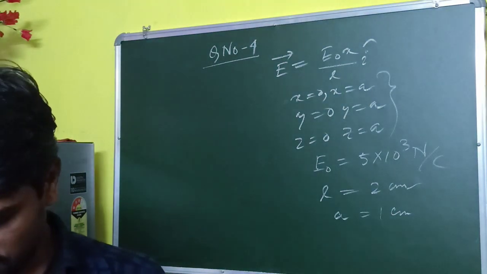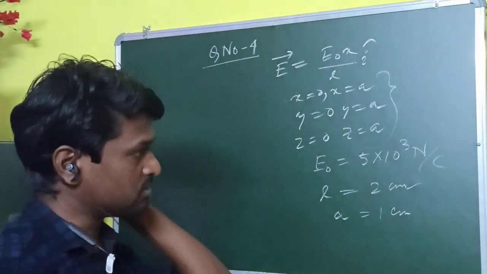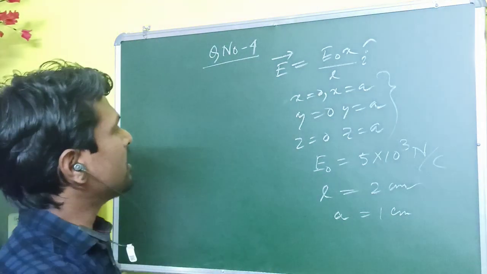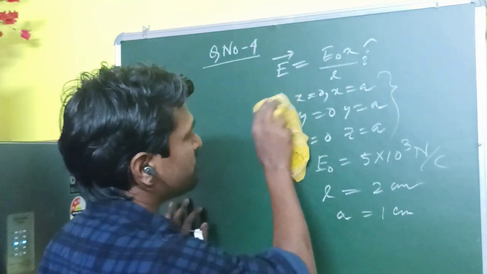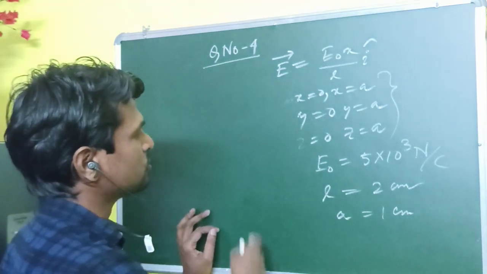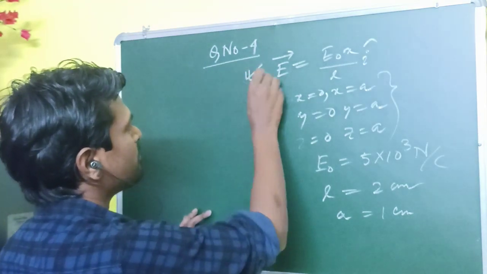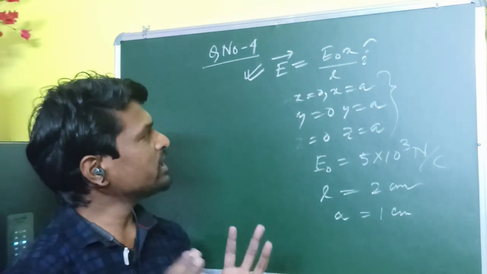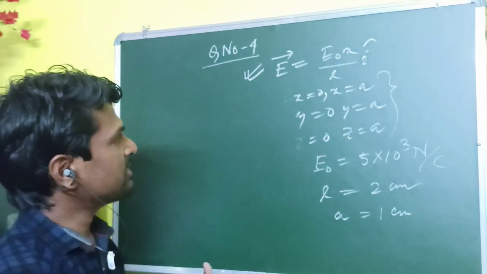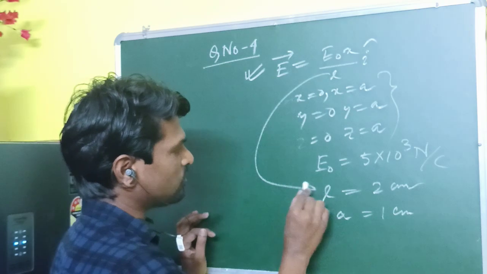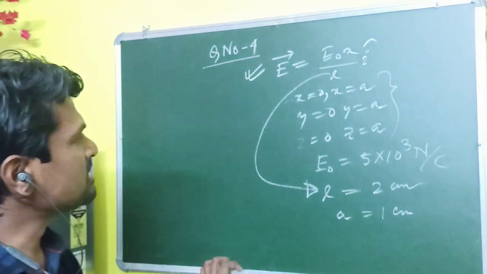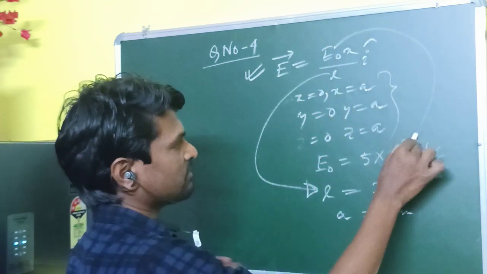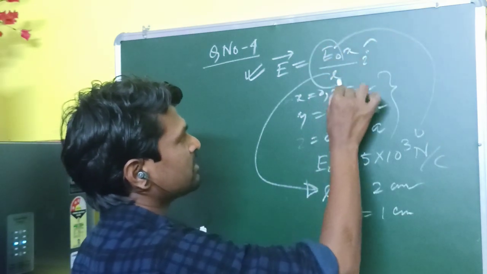Okay, so first of all students, you have to realize the first step. Step number 1. Electric field is equal to E naught x by L. L has a fixed value, and E naught is also given, so this is a constant.